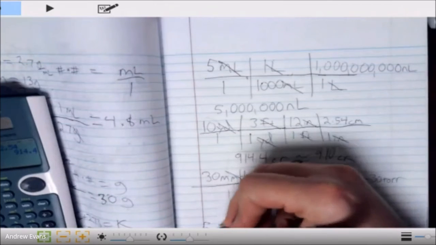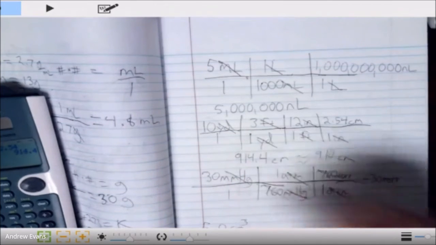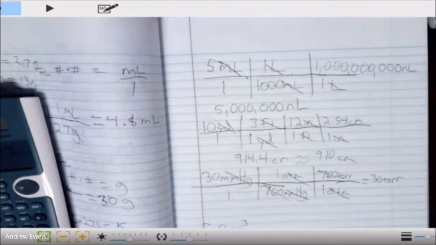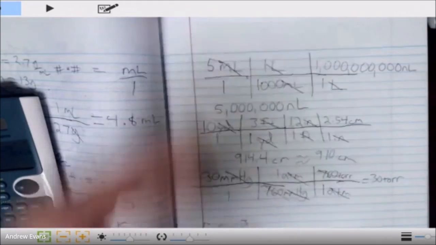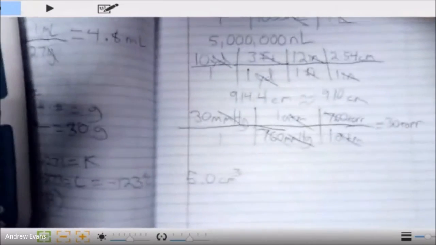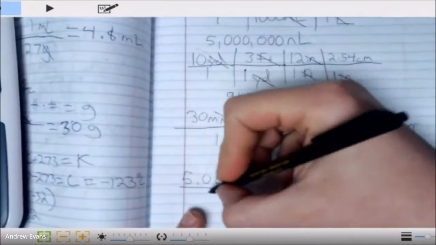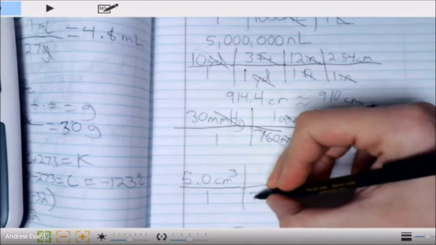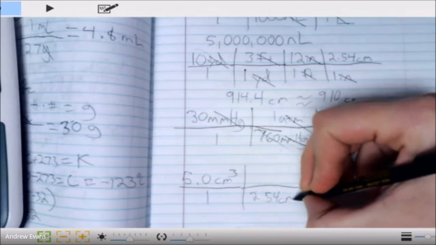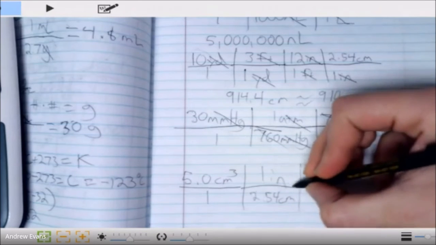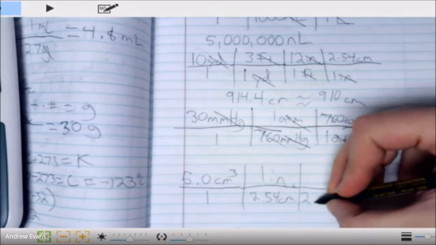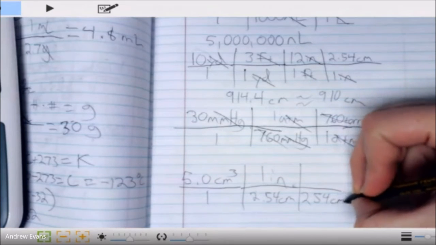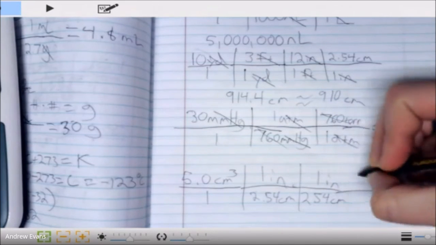Last one, 5.0 centimeters cubed over 1. So there's 2.54 centimeters in 1 inch. I have to do that 3 times because it's centimeters cubed to inches cubed.